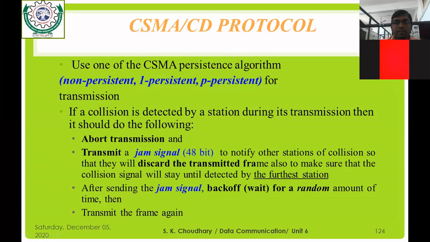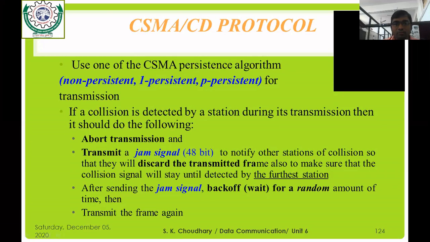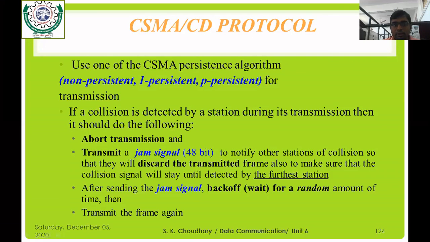So in the CSMA CD protocol, it follows the persistent algorithm for transmission. If a collision is detected by a station during a transmission, then it should do the following. First, it aborts the transmission, then transmits a jam signal, a 48-bit signal, to notify other stations of the collision so that they will discard the transmission frame.